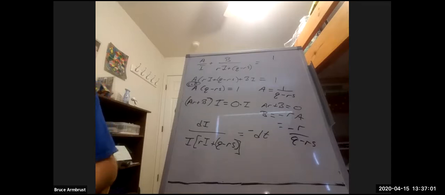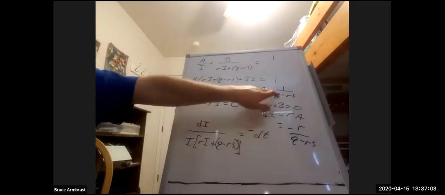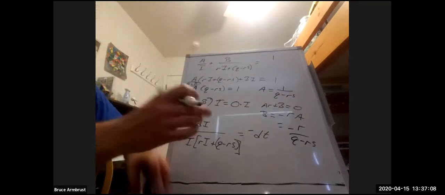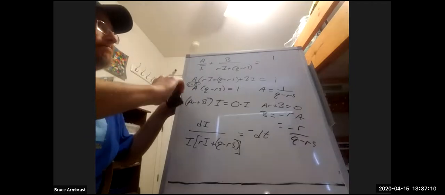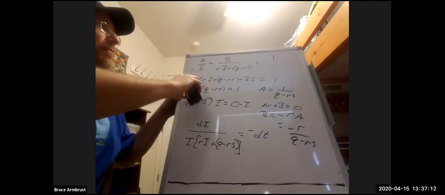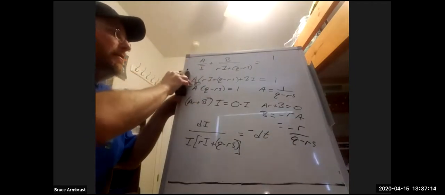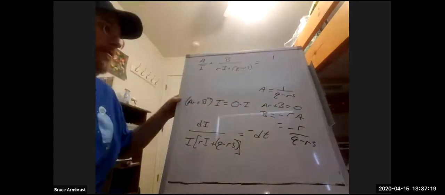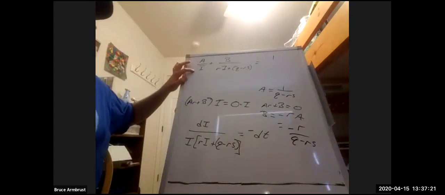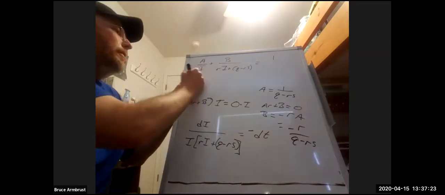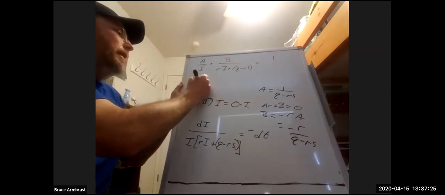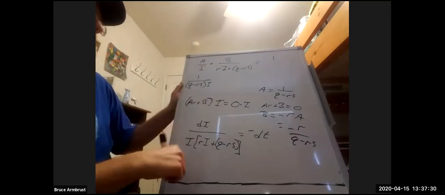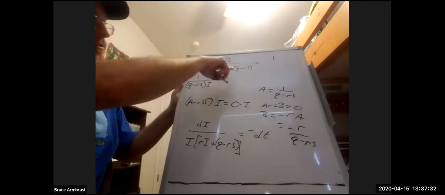All right, so now let's put these A and B in here so we can see what this differential equation looks like now. So I'm going to erase kind of through the middle. So we've got A over I. So that's going to be 1 over Q minus RS times I plus B over all this stuff.